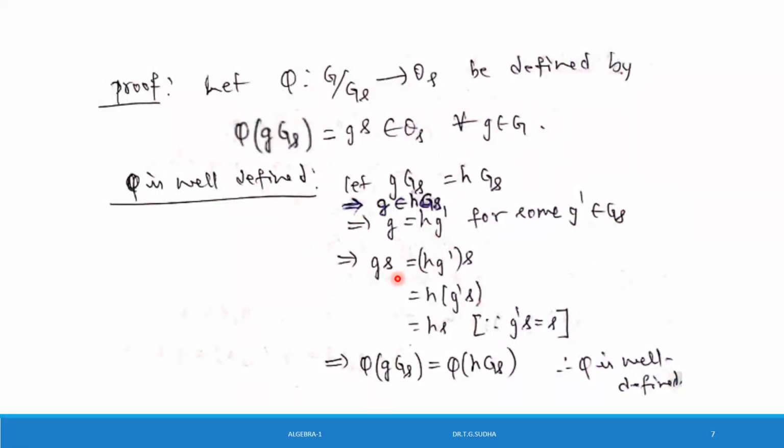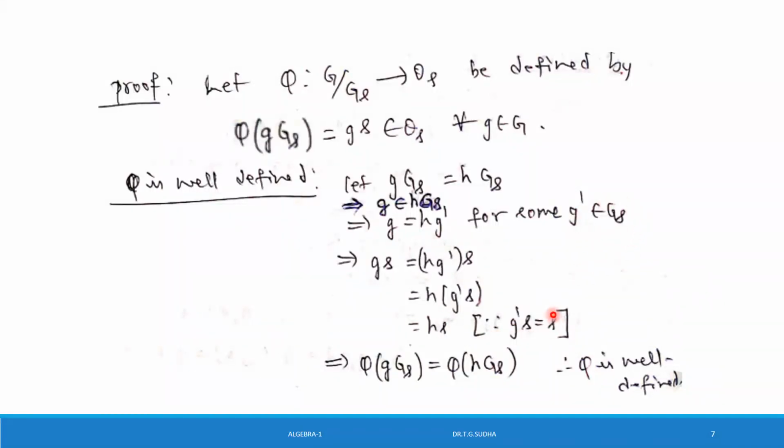Now let us operate by the element s from the right side. That is gs is equal to hg's. And this can be written as h(g's) using the second condition of group action. And this will be equal to hs because g' is an element in the stabilizer of s.